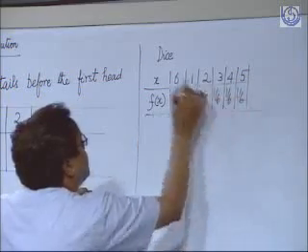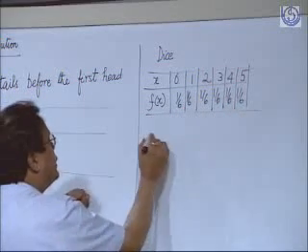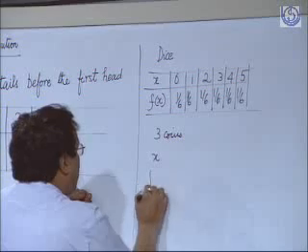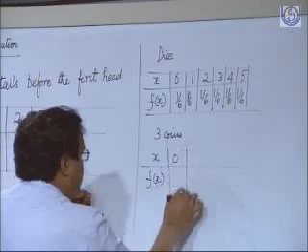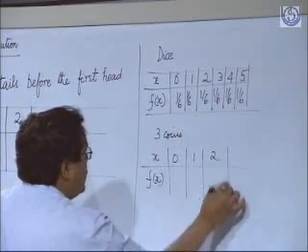You write it properly, 1, 2, 3, 4, 5, 6. And that 3 coins. So there the instances were. Now for the time being, don't concentrate on what I am writing. You try to complete this table.